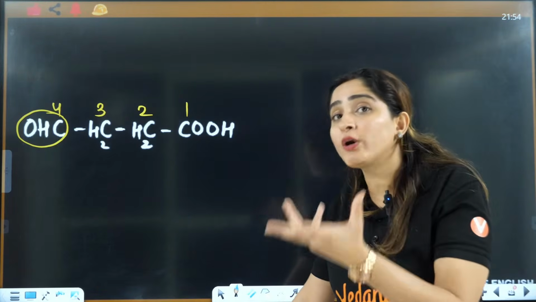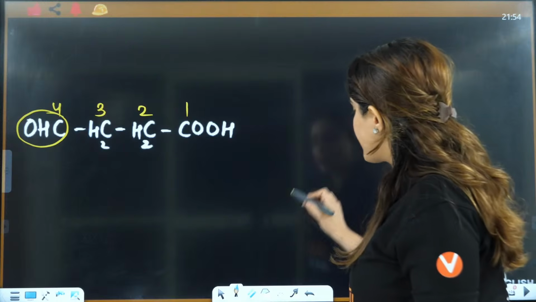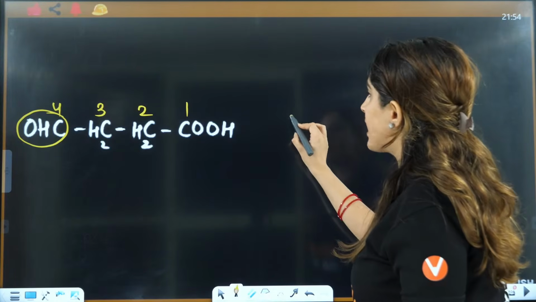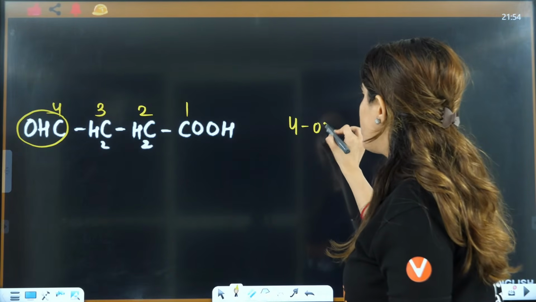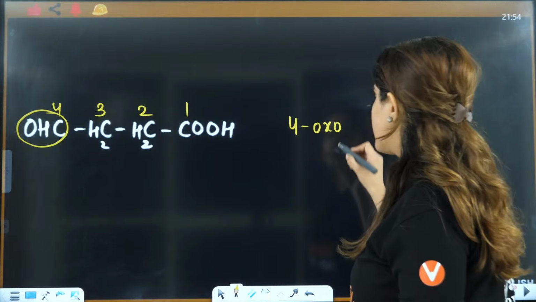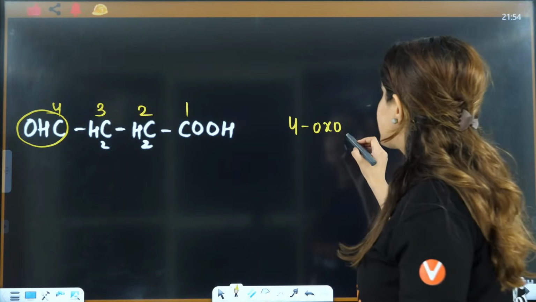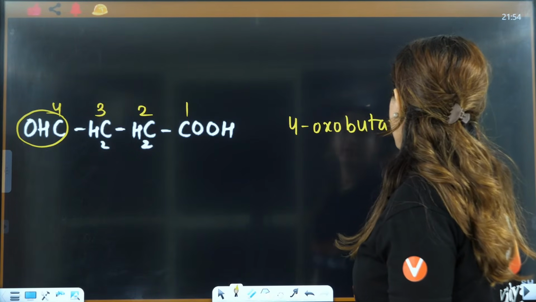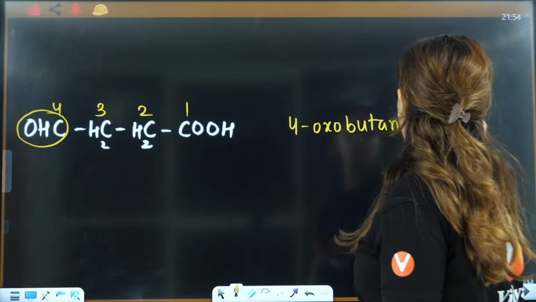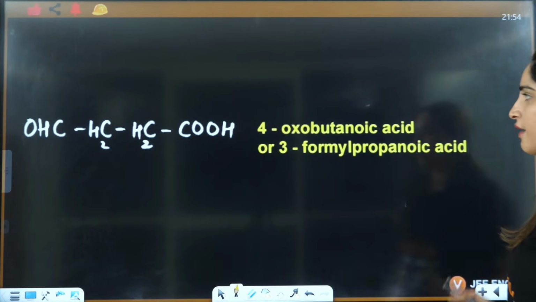So in this case, what I can write is 4-oxo. Keto we can't write because it's an aldehyde. So this is butanoic acid.